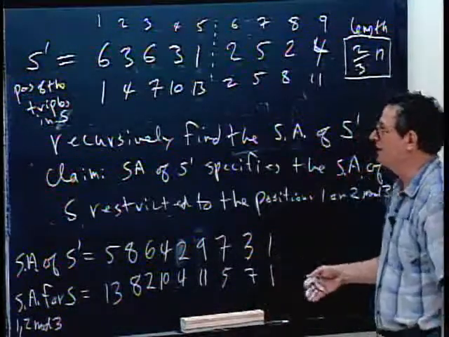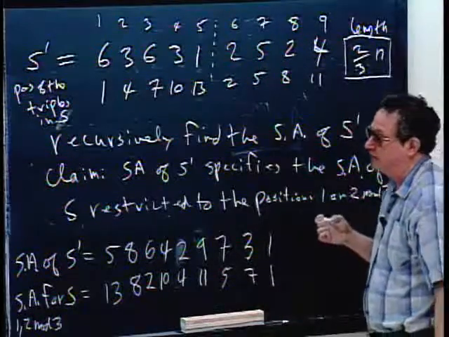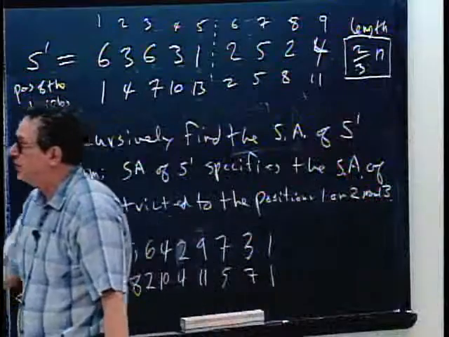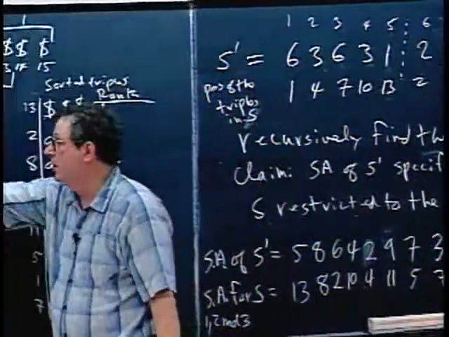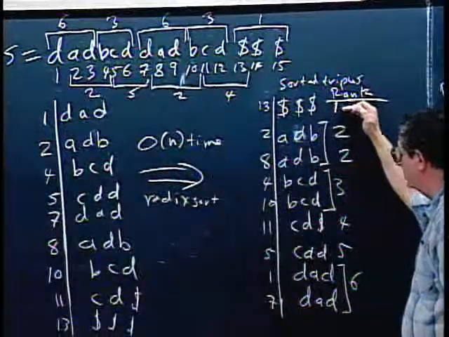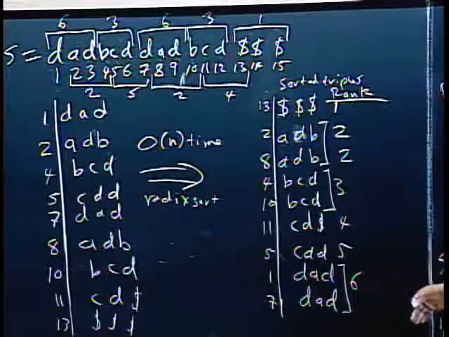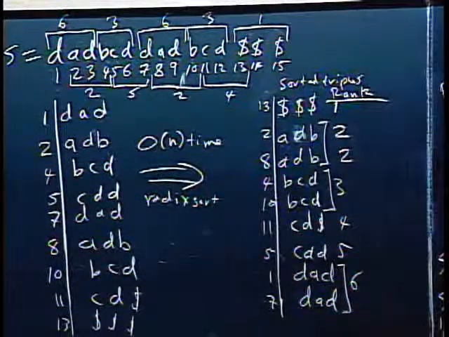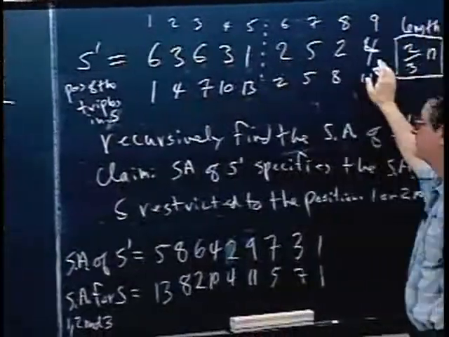So why is this right? We have this seemingly wacky algorithm, where we take the triples starting in positions 1 or 2 mod 3, and we sort them with radix sort, which we can do in order n time. And then we get these rank numbers, and we build this string, which is the rank numbers for all the triples that begin at position 1 mod 3, followed by the rank numbers of the positions 2 mod 3.